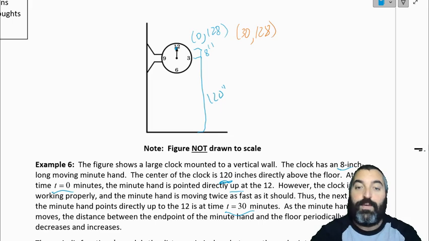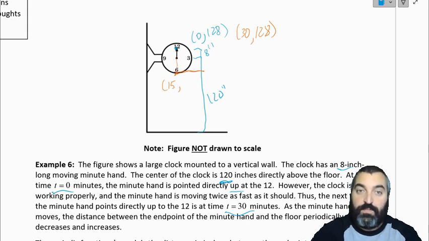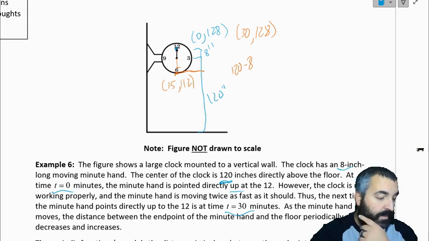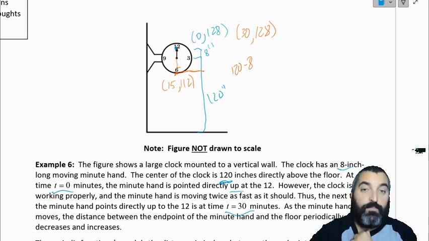So it's back pointing up at 30 minutes, which means halfway, which would be at 15 minutes, we are pointing down. Again, it's 8 inches down from 120, so we would just do 120 minus 8, and that would give us 112. And that would be a minimum.